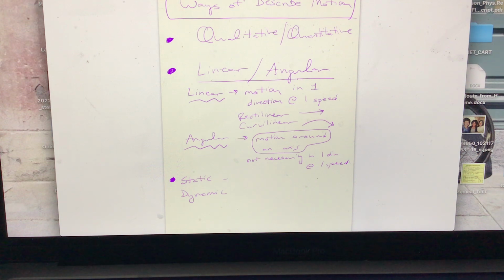Static means not in motion. Dynamic is in motion. Well, actually, I don't like to use the word at rest. I think a better way to do it would be not in motion.